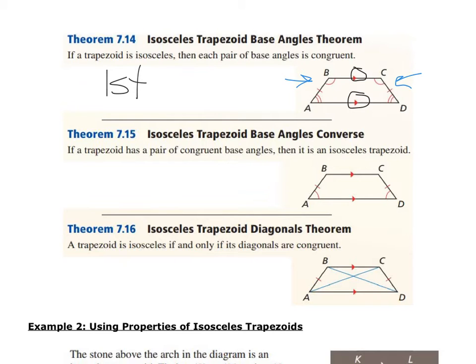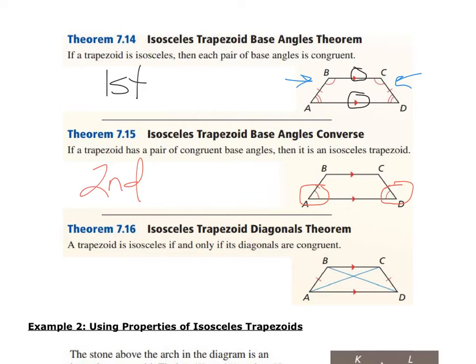The second theorem here, that was the second one that I covered, was the isosceles trapezoid base angles converse, which says if I have a trapezoid and I have one pair of congruent base angles, for instance, angle A is congruent to angle D, then that's enough for me to say that this trapezoid is isosceles. In other words, you would know that AB is congruent to CD.